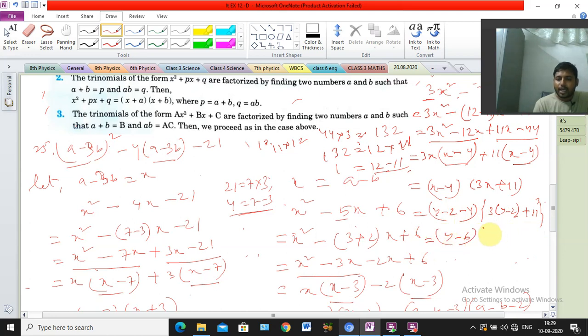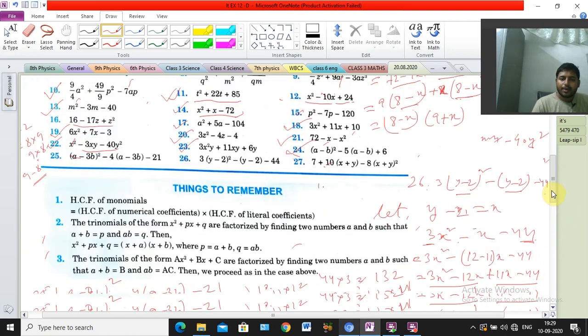And here we get 3y minus 6, since 3 into minus 2 is minus 6, plus 11. So we get y minus 6, and another one, 3y plus 5. So this is the answer: 3y plus 5 and y minus 6. Clear or not? This is question number 26.